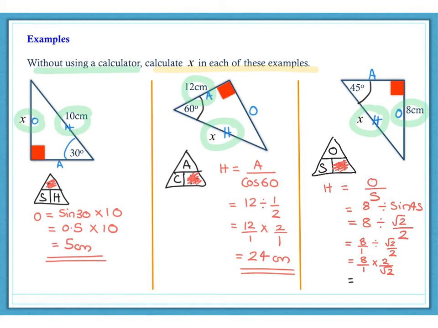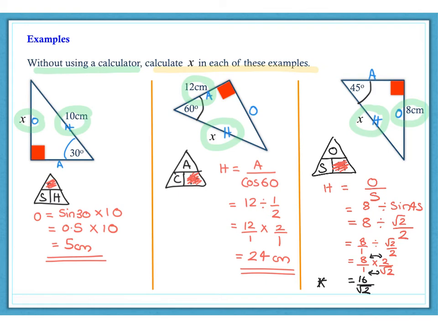We can now multiply the two together. So 8 multiplied by 2, first of all, is 16. And 1 multiplied by root 2 is root 2. So the answer is 16 over root 2. But we can rationalise the denominator.